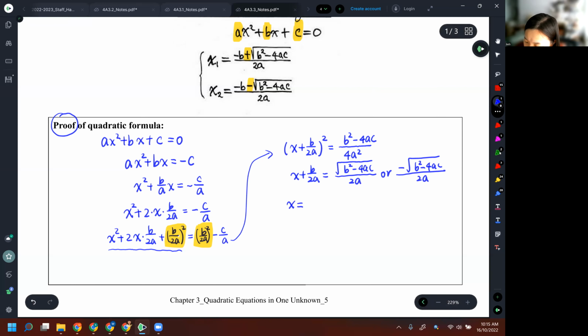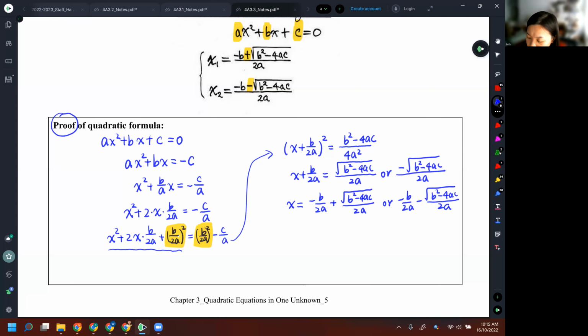x equals negative b over 2a plus the square root of b squared minus 4ac divided by 2a, or negative b over 2a minus the square root of b squared minus 4ac divided by 2a.